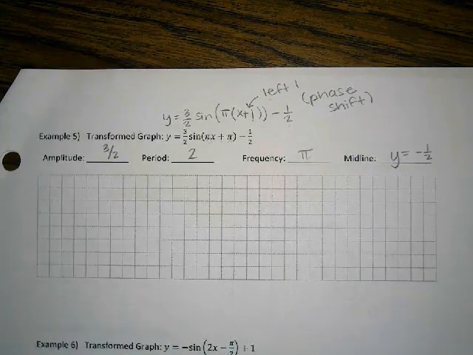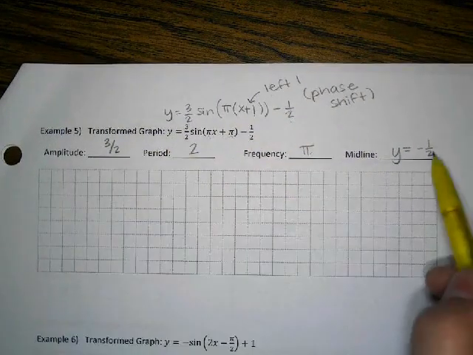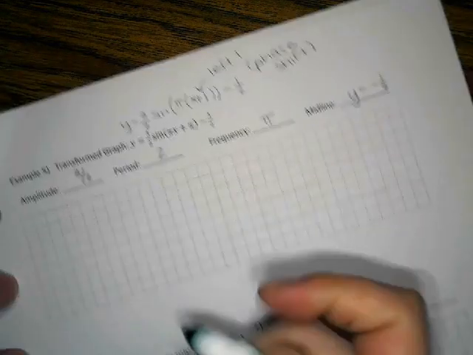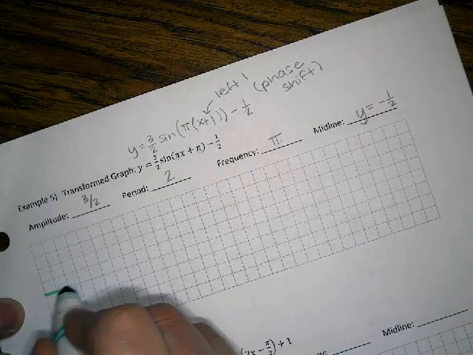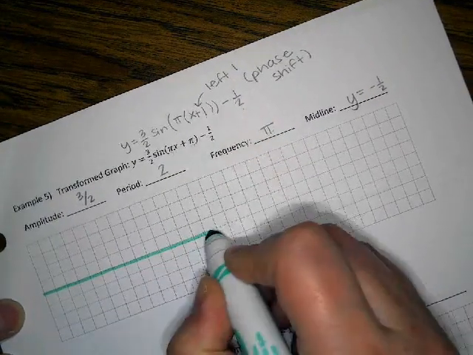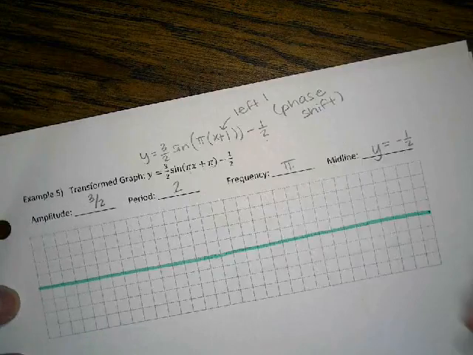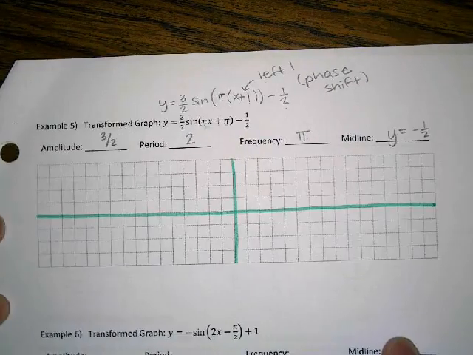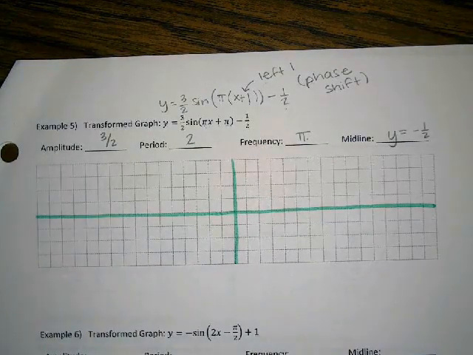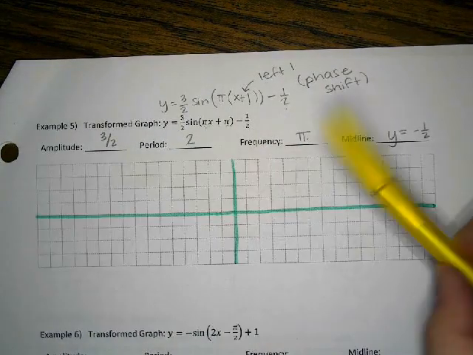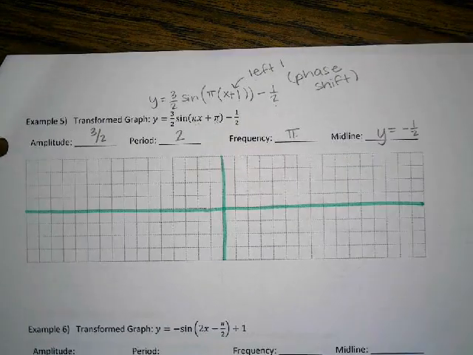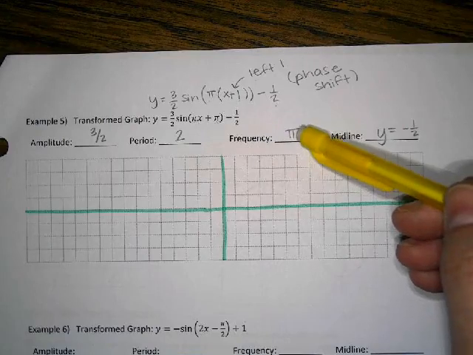Okay. So with the amplitude and the midline, I'm still okay to put my x-axis right in the middle. So I'm going to go ahead and do that. And we always do 4 boxes, 8 boxes, or 12 boxes when we do our pi.